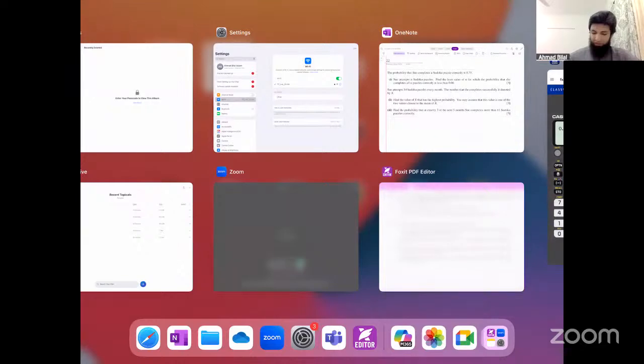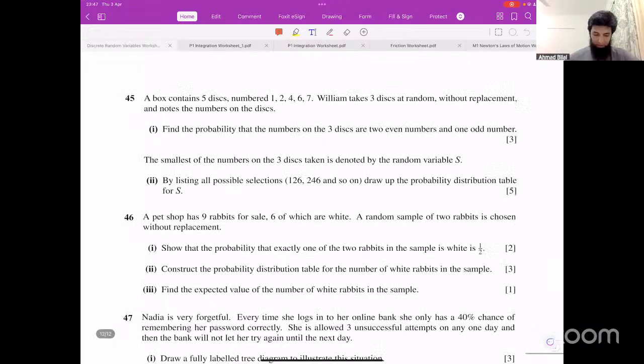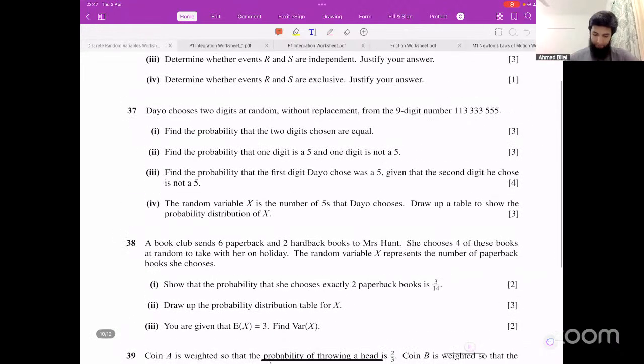Question 37, part 4. Is that binomial? No, it cannot be binomial because she's choosing two digits at random without replacement.